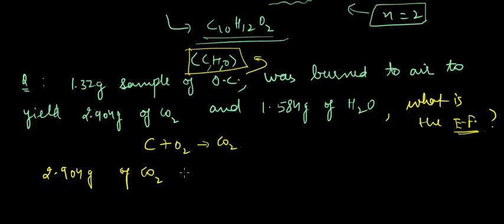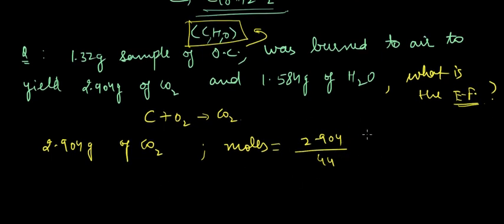Okay, so how many moles of CO2 were formed? So moles would be 2.904 over 44. Okay, so these were the number of moles.